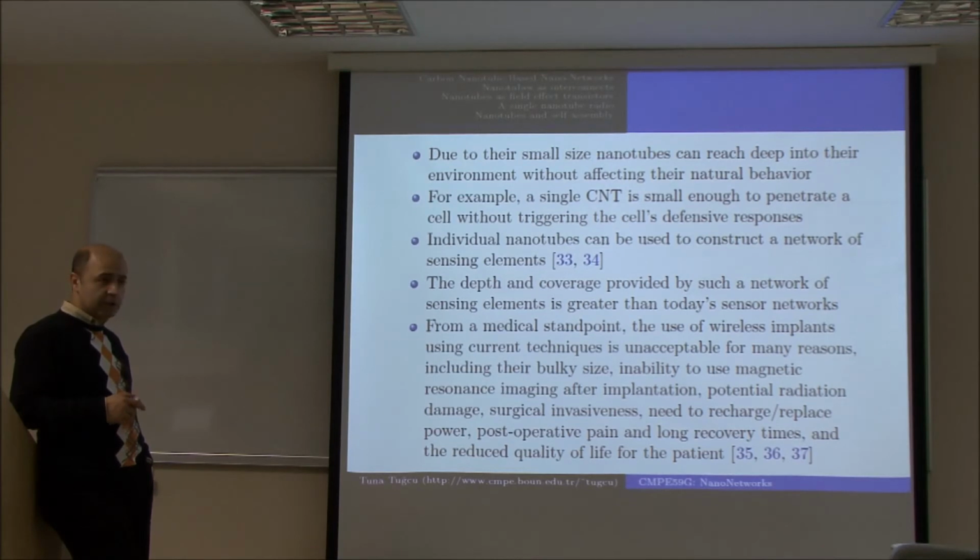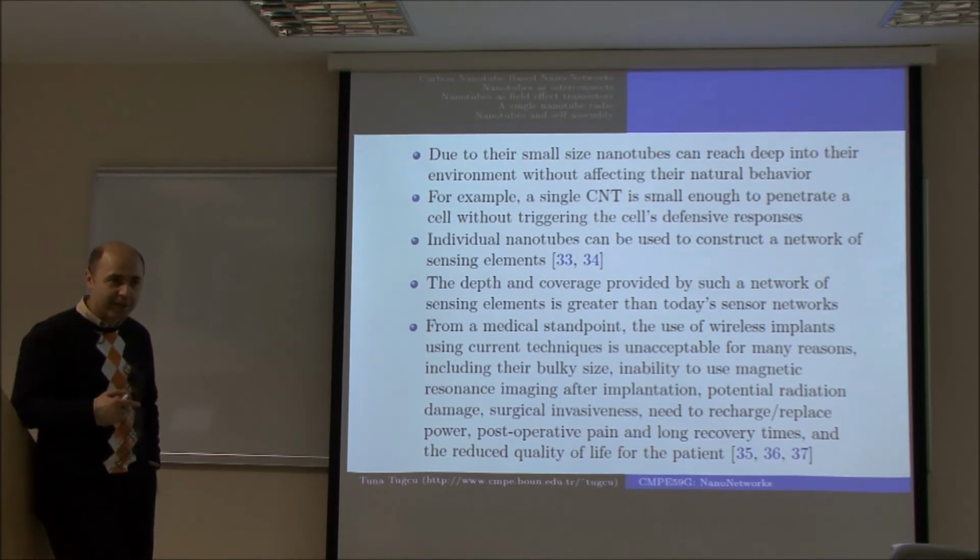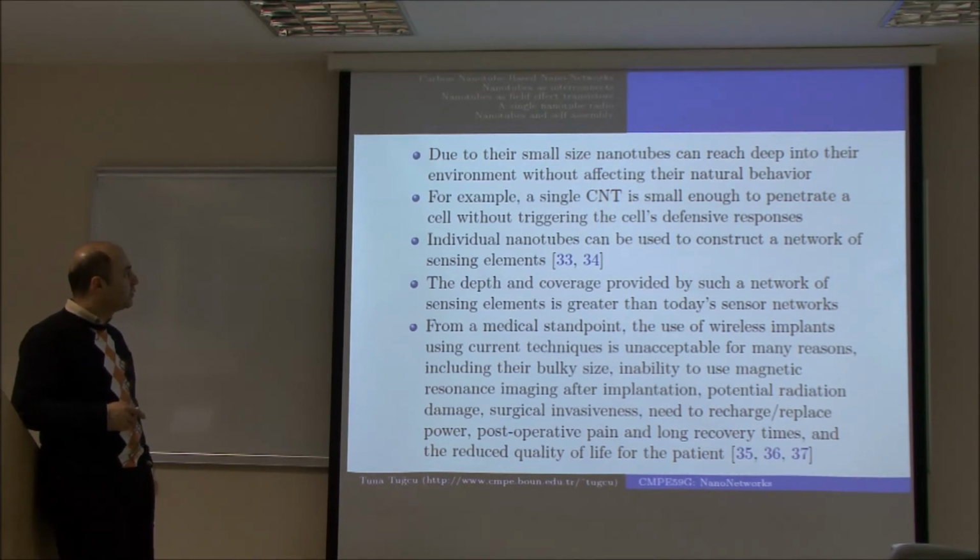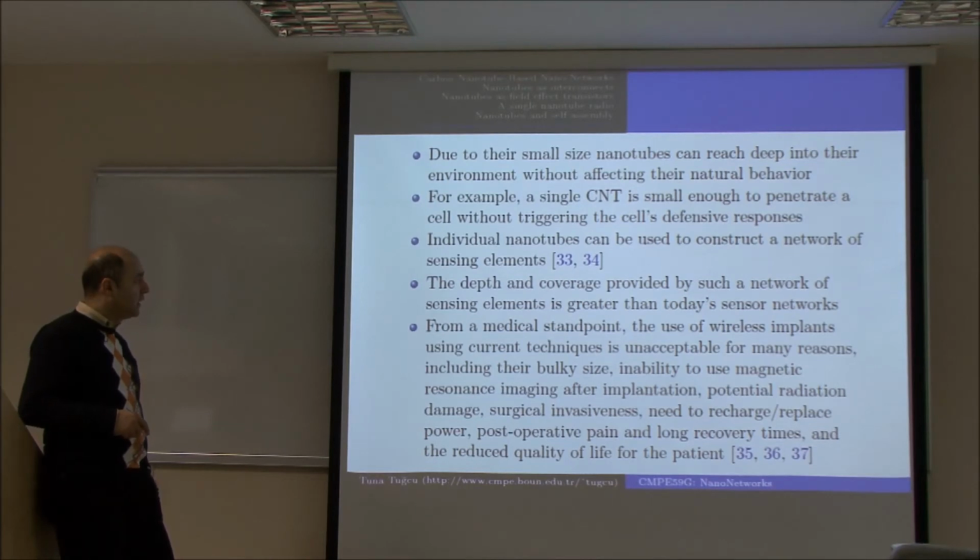But also remember that there are some concerns about the health impacts of these carbon nanotubes. Individual nanotubes can be used to construct a network of sensing elements, and the depth and the coverage provided with such sensing elements is greater than today's sensor networks.